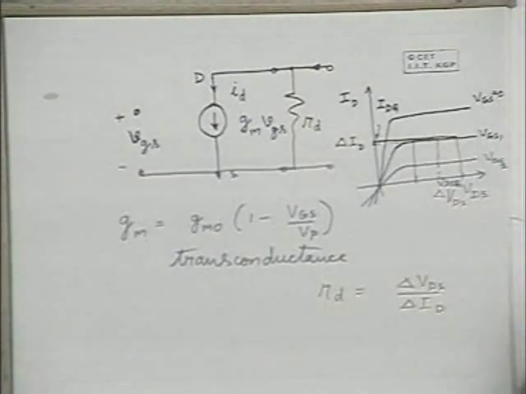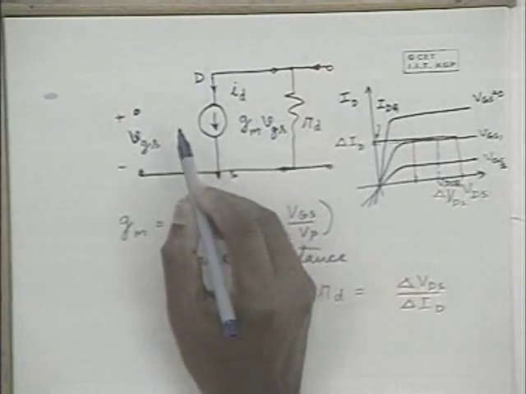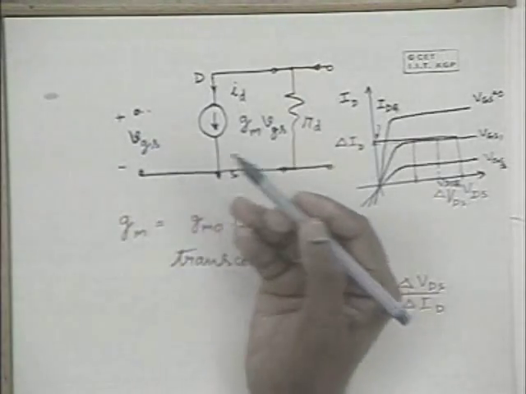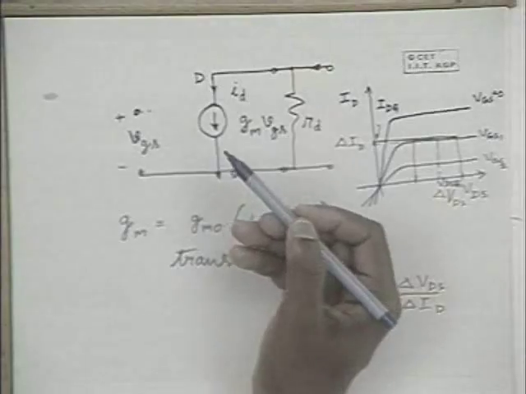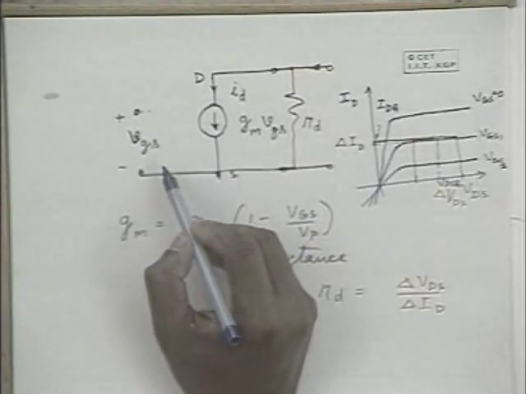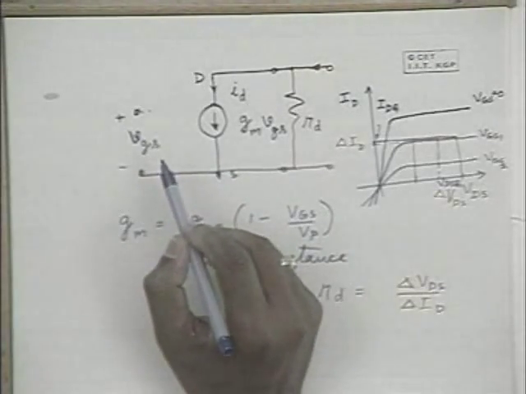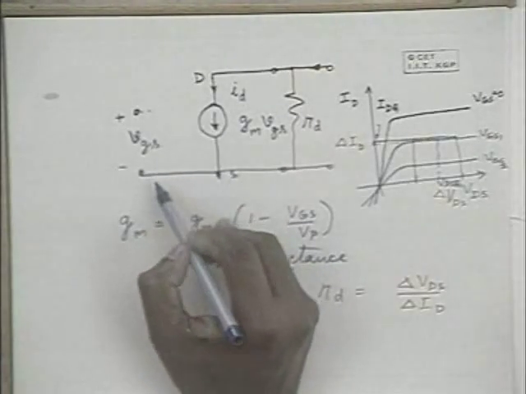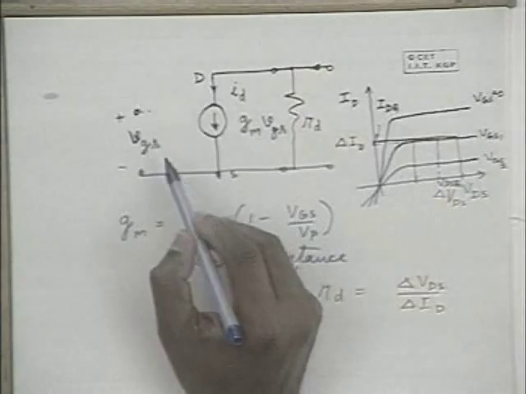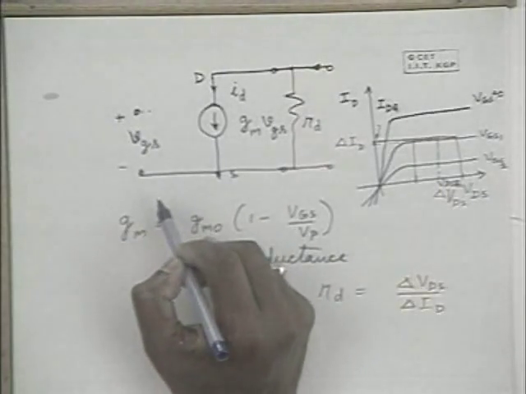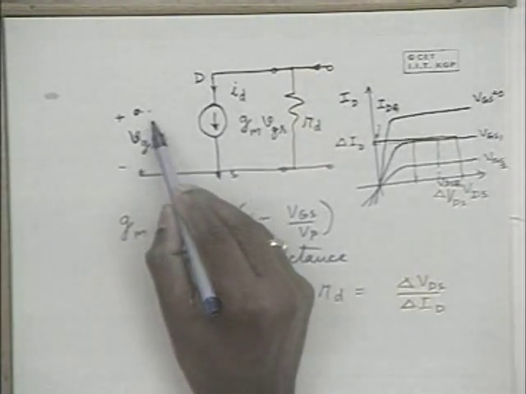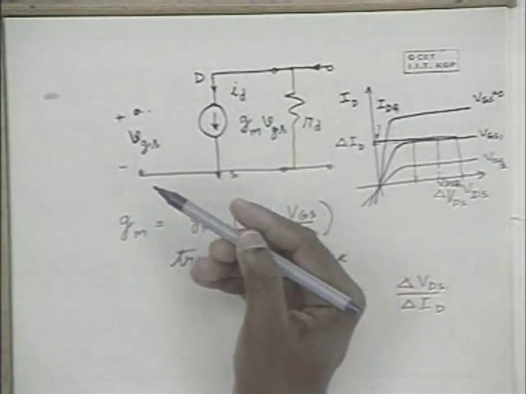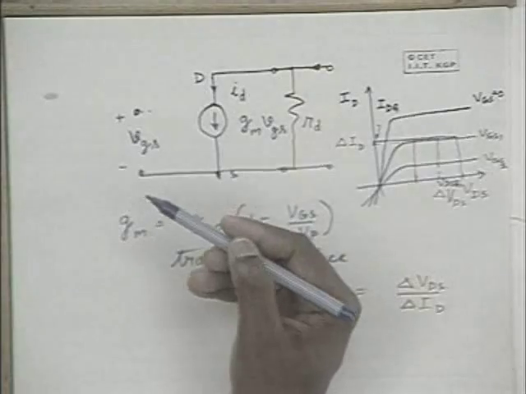If it is a few hundreds of kilo ohms, you show a resistance with that value. Whereas in this case, it is hundreds of mega ohms in the case of a silicon junction field effect transistor. For all practical purposes, this can be treated as infinity, and I have opened it because it is infinity for all practical purposes. Is it clear?